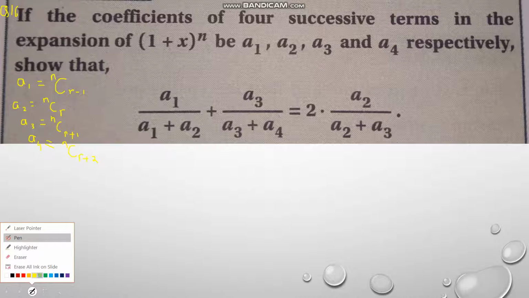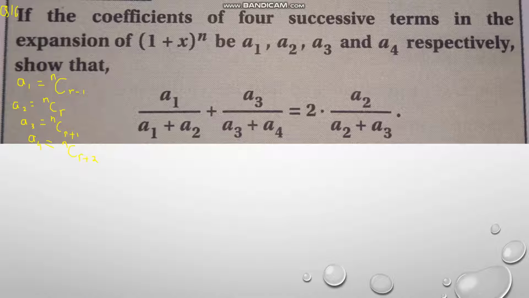If a3 is nC(r plus 1), then a4 is equal to, what should I write here, nC(r plus 2). We can understand it clearly, so I am removing this yellow ink. This thing is nC(r plus 2). Okay, it can be understood now easily.